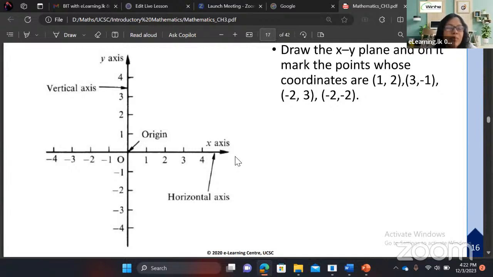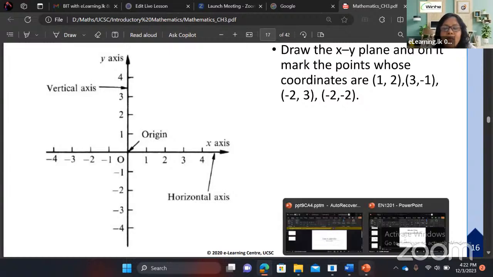Here you can see the horizontal axis is the x-axis. If it is vertical, then it is the y-axis. The positive values are represented in the upper part of the y-axis, and the negative values in the lower part of the y-axis.